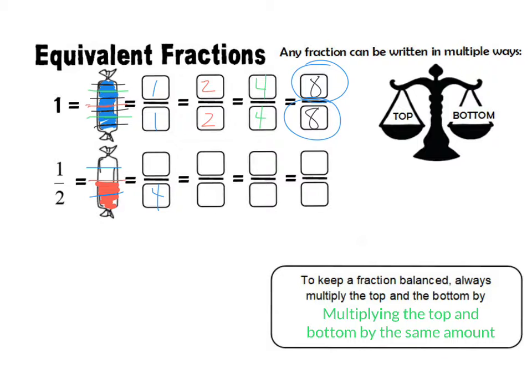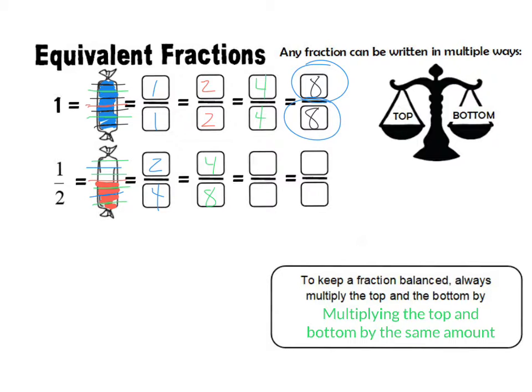Well, I have 2 of those 4 chunks, so I have a fraction of 2/4. I could divide it again and divide it into 8ths. And if I count it up, I have 4 of those 8 sections. 1/2, 2/4, and 4/8 are all the same fraction.